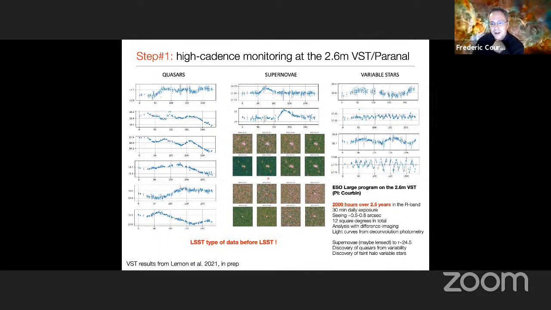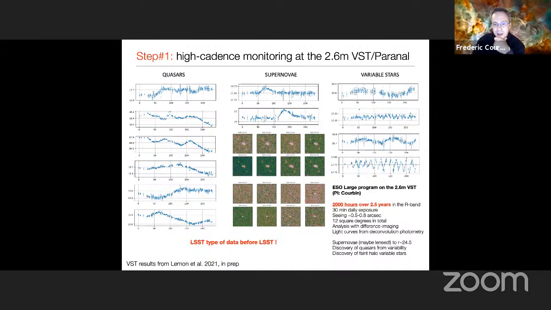So just to give a taste, we have, of course, our lensed quasar in the center of the field, but we have a number of other quasars that we discover in these fields thanks to the variability. And then we also require that these things are visible in the infrared. We discover supernovae, typically 30, 35 supernovae per month in these fields, and variable stars. So there are lots of byproducts using these data.